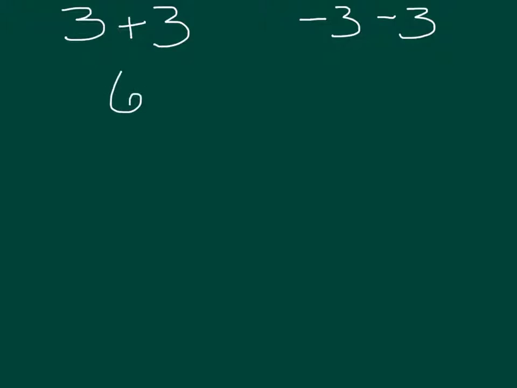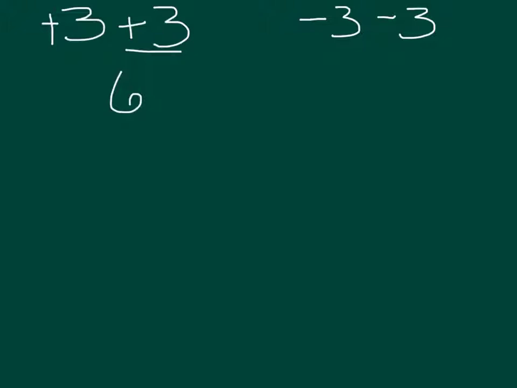But the way that you've gotten the answer the whole time, without even knowing that you've been doing this, is that you've known that this was a positive 3. And this is a positive 3 right here also. Both these threes have a positive and a positive, so they have the same sign.